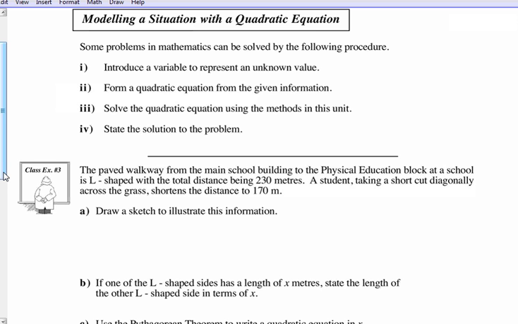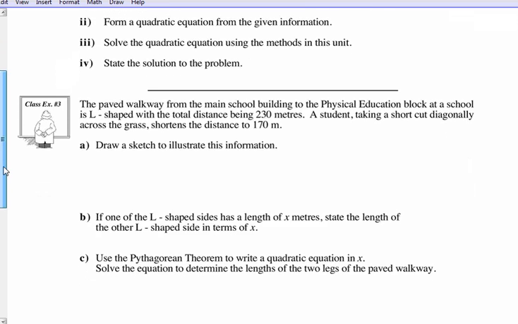A paved walkway from the main school building to the phys ed block at a school is L-shaped. So it's L-shaped. With the total distance being 230. So that means this total distance, if I were to walk from here to here, would be 230. That full distance.